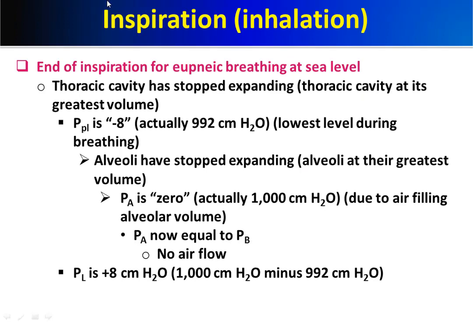So at the end of inspiration for eupneic breathing at the sea level, the thoracic cavity has stopped expanding. So the thoracic cavity is at its greatest volume because now 0.5 liter of air or 500 milliliters of air have entered into the alveoli from the atmosphere.